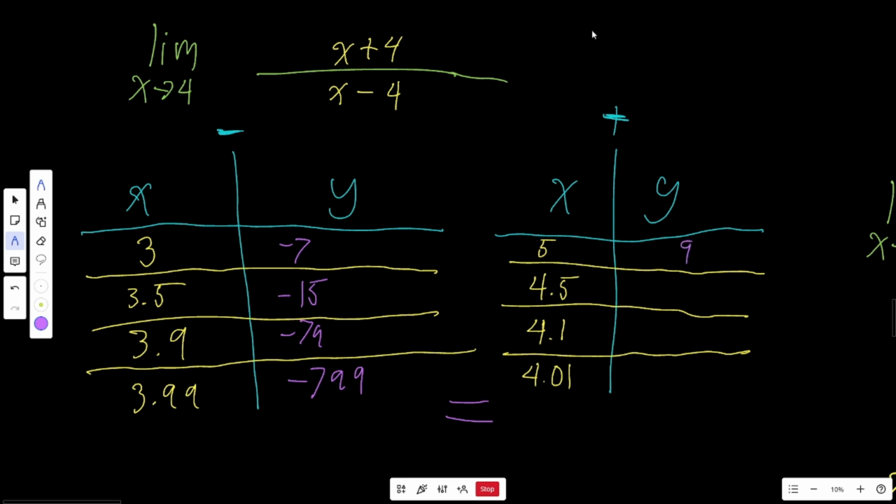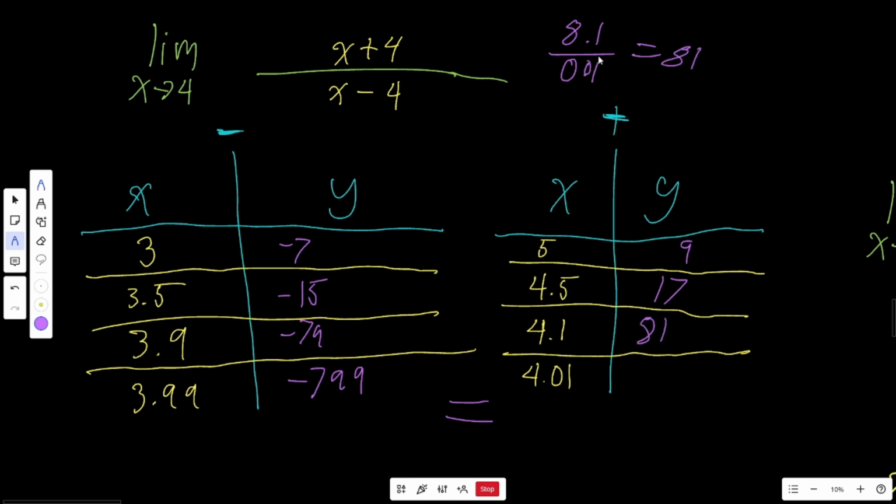Now, 4.5 plus 4, that's 8.5. Minus 4, that's 0.5. That brings us to 17. From 4.1, we'll get 8.1 over 0.1. That will get us to 81.